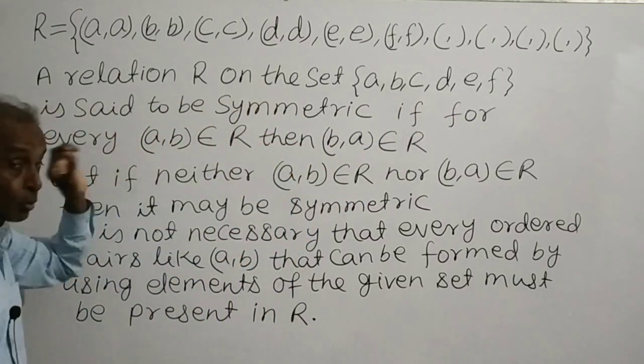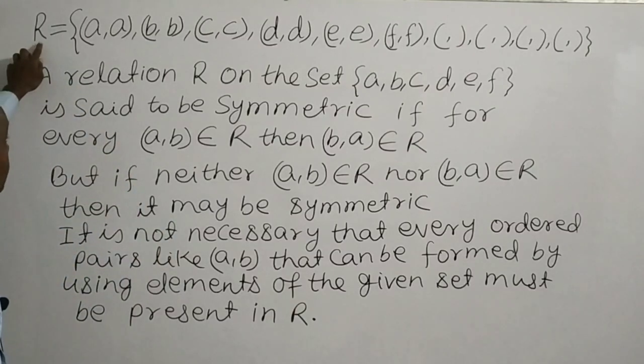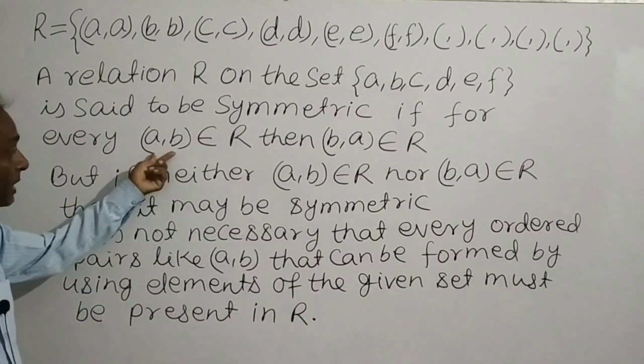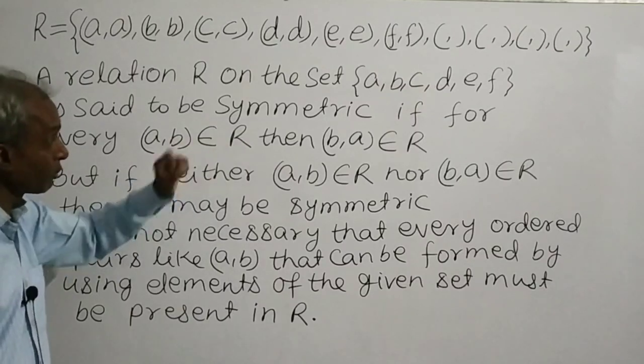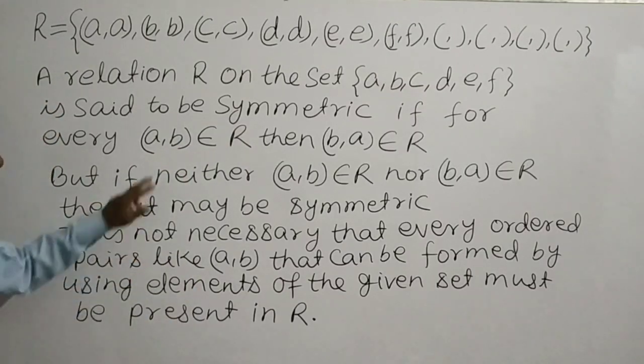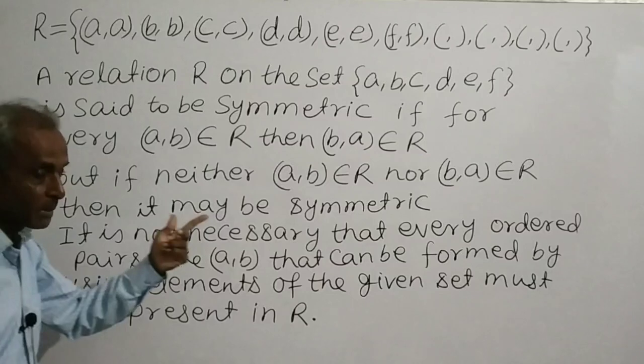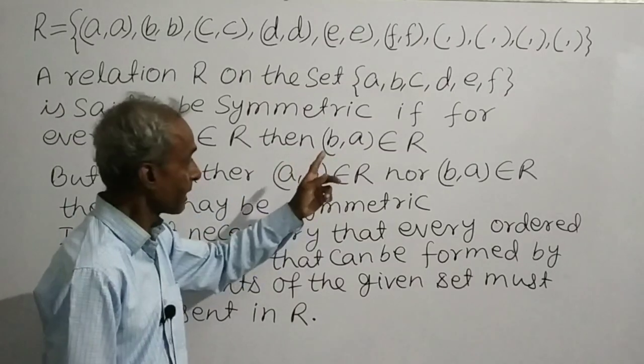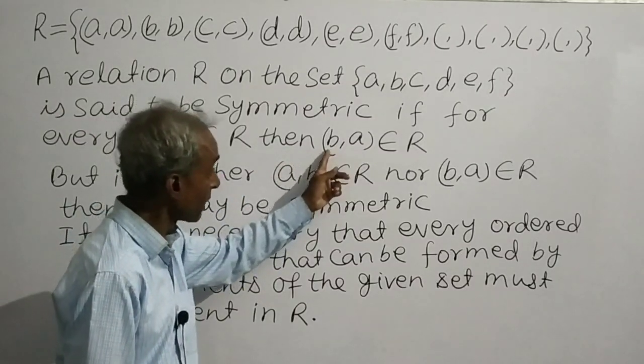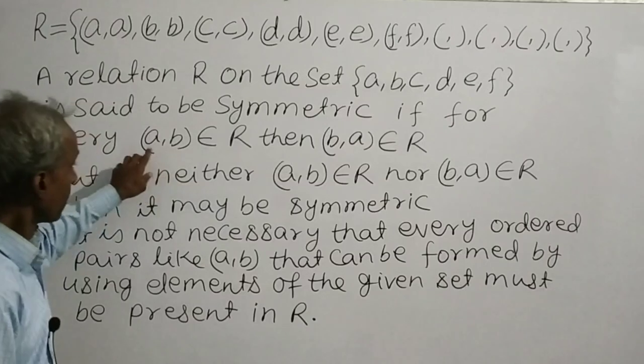We have to look inside this R. For every ordered pair AB belonging to R, there must be present this ordered pair BA.